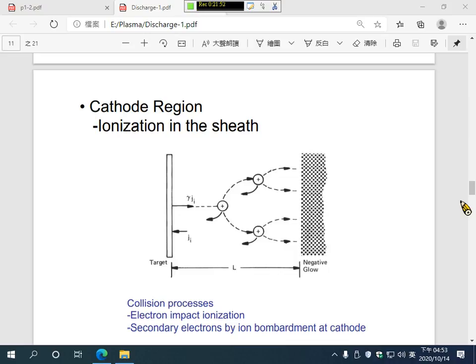The other one is the primary electron, but with less energy. When the newly generated electron and the original electron keep traveling toward the anode, they also gain energy from the electrical field and might induce another collisional process, so that one can get more and more electron and ion pairs.